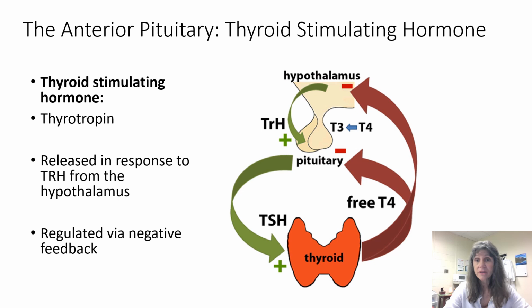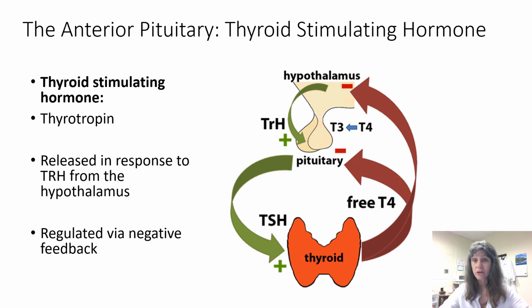Another hormone that is produced by the endocrine cells in the anterior pituitary is thyroid stimulating hormone, also known as thyrotropin. And this again is going to be released in response to thyrotropin releasing hormone from the hypothalamus.